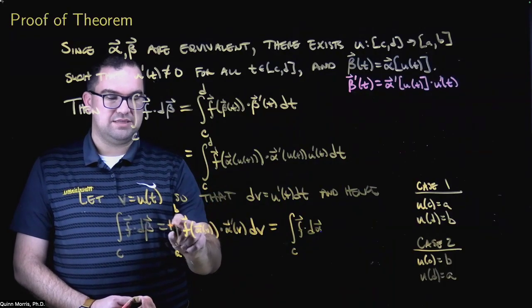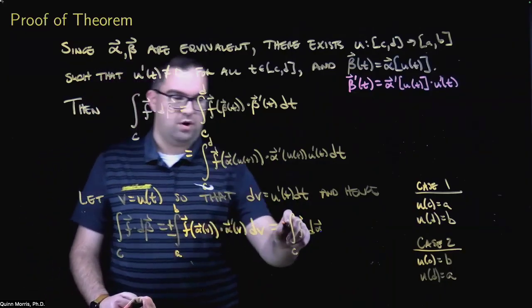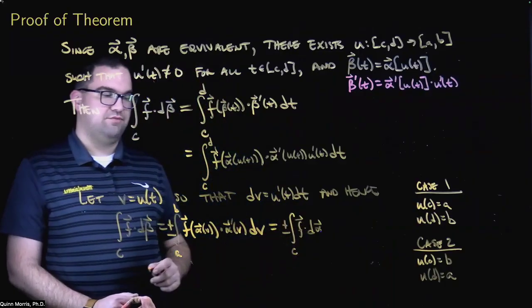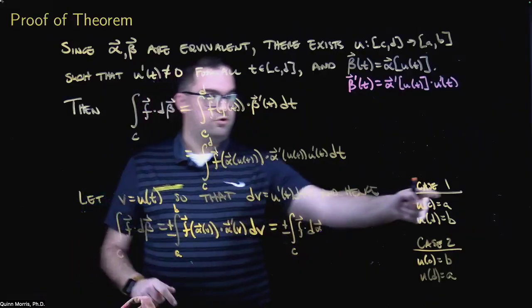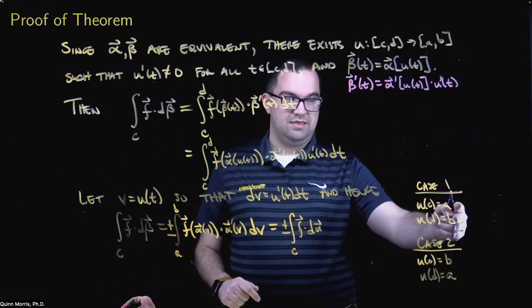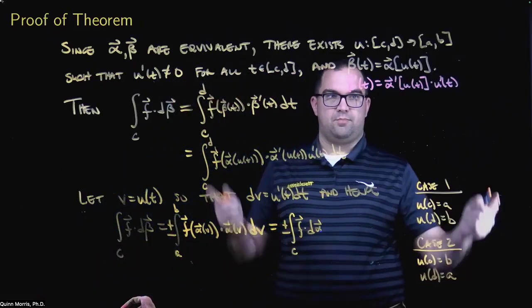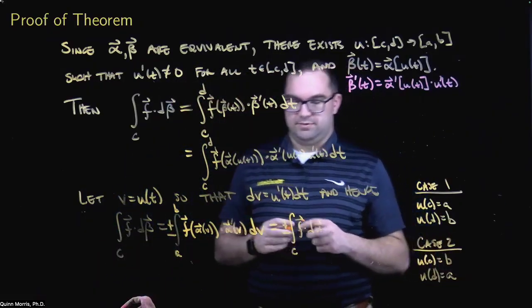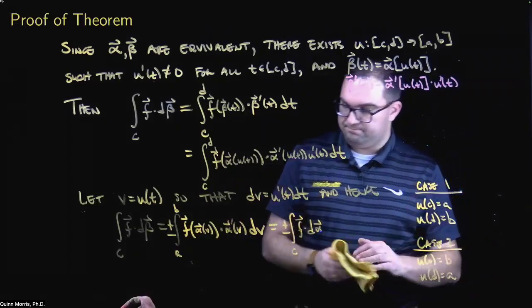So what we can say here is that you're always going to get either positive or negative this quantity, and you get positive when you're in case one, that's that things are in the same direction, and you get the minus when you're in case two, which is the parameterizations are moving in opposite directions. So that concludes the proof of this theorem.